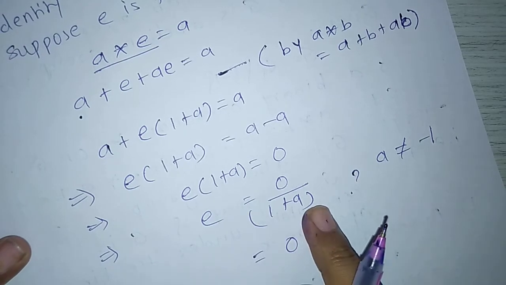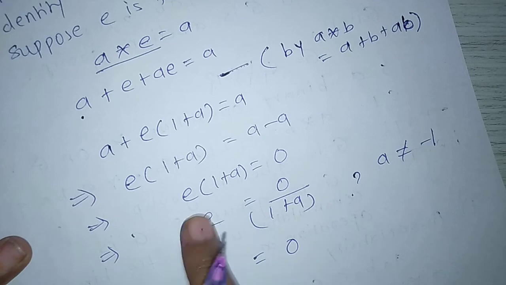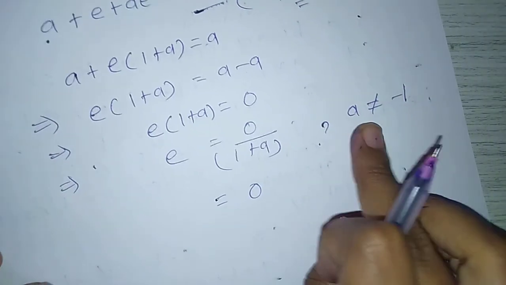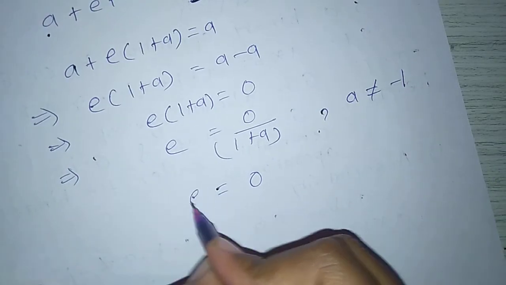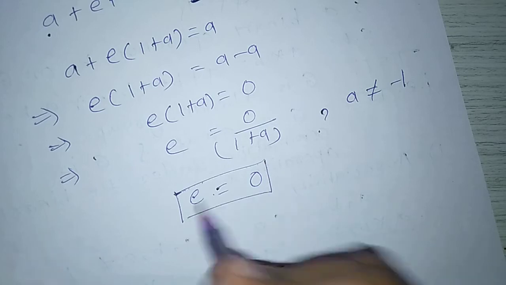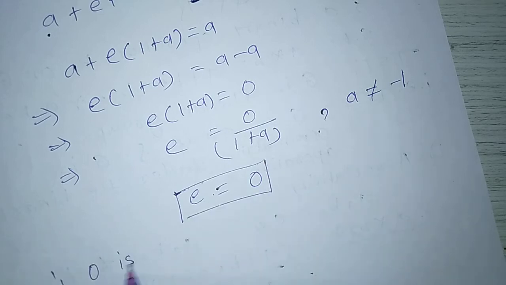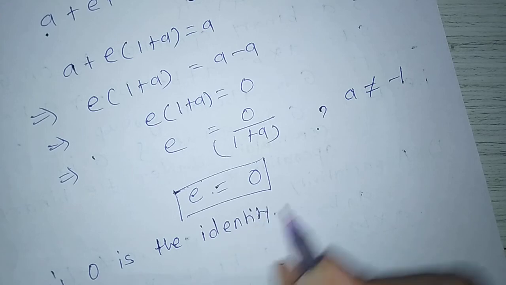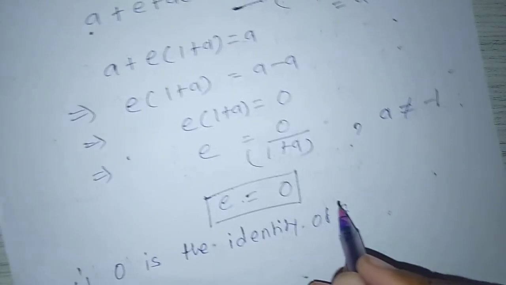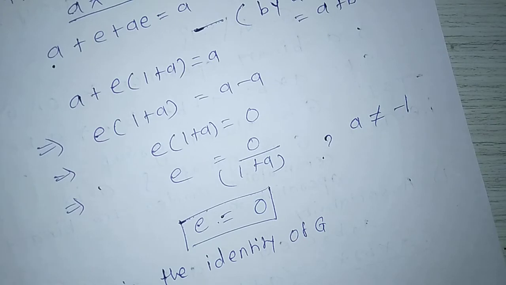If A = -1, then E is not defined in this set. That's why A is not equal to -1, E = 0. Therefore, 0 is the identity of G.